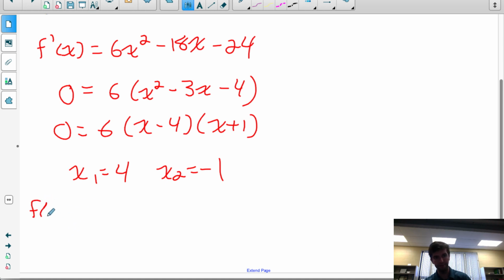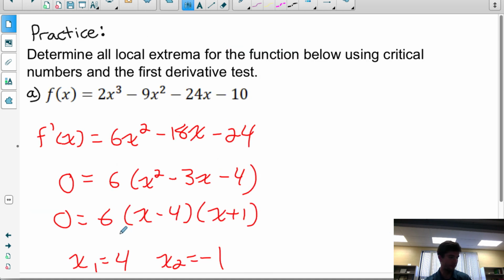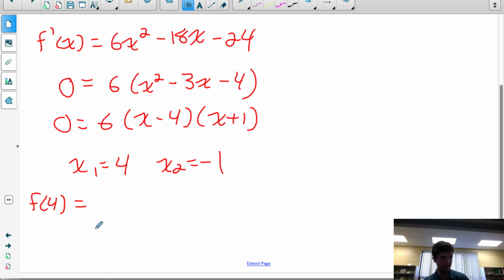So what is f of 4? Where is the original function when the x value is 4? I know when x is 4, the original function has a horizontal tangent, but what's the y value that corresponds to f of 4? So f of 4 equals, if we plug 4 into the original function, if I plug 4 into this function for x, I would get negative 122.